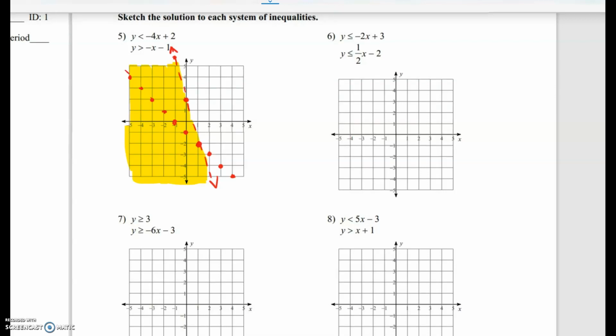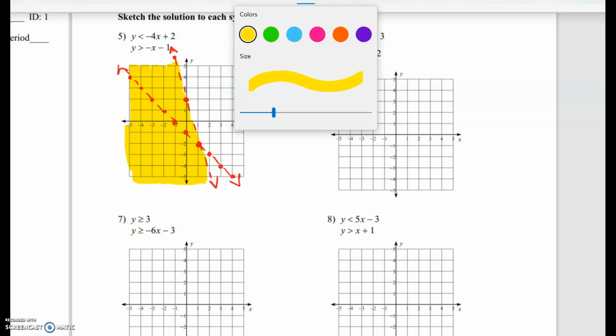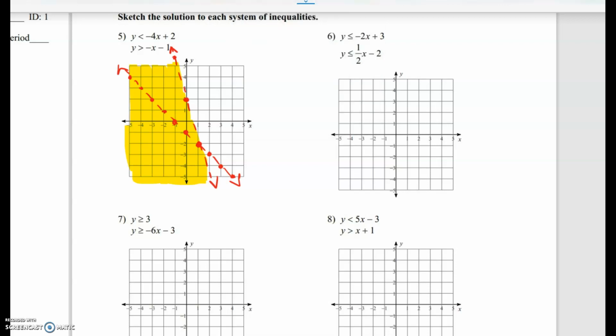This one should be dotted. And then this one would be shaded, and I'm going to change colors here. I'm going with blue, and this one should be shaded above, right? Because it's a greater than. So this would be the above region.